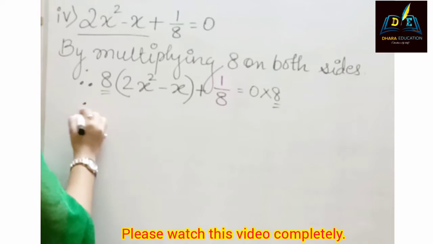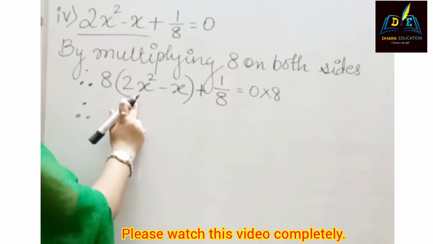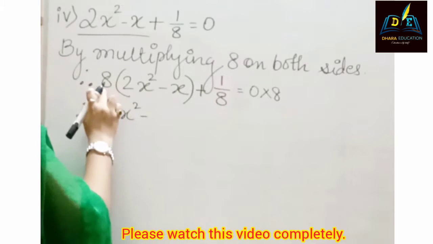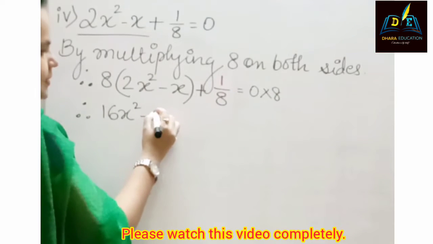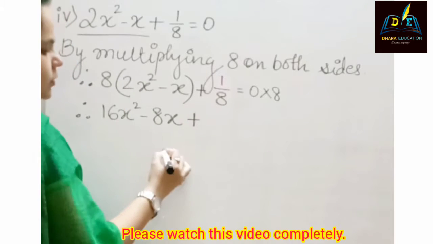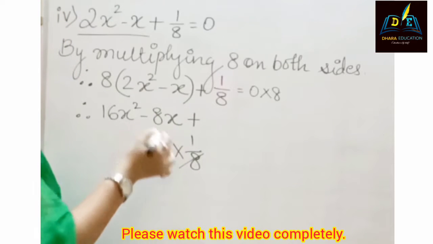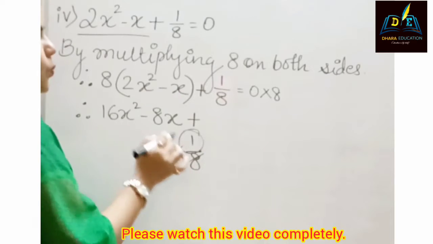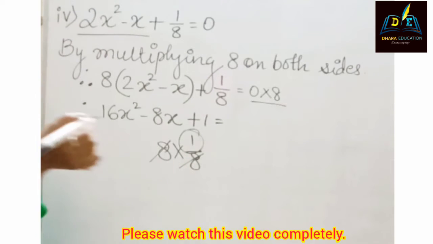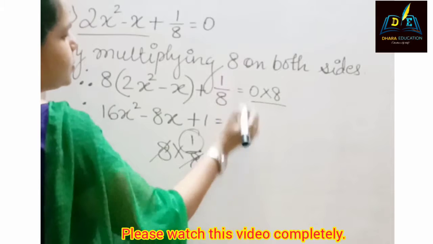Now what we need to do? 8 2s are 16 x square minus 8x plus 8, like this calculation I will show you, 1 upon 8. Okay, so 8 will cut and what is remaining here is 1. So we will write only 1 here, and as you know 0 multiplied by 8 or any other number, the product which you will get is what? 0. Okay.